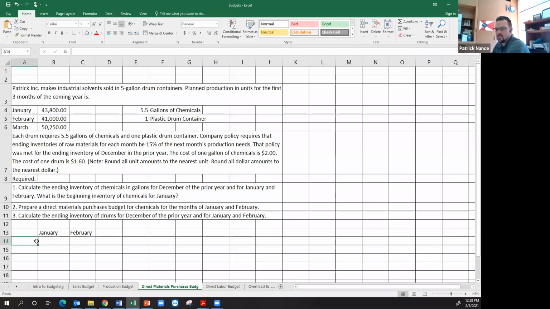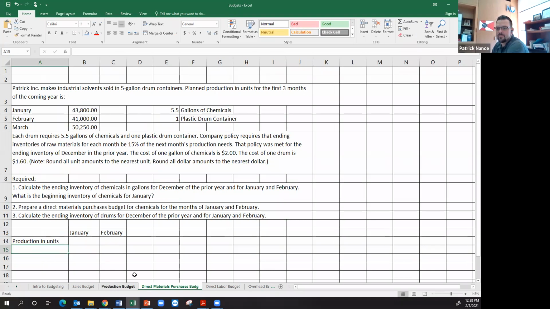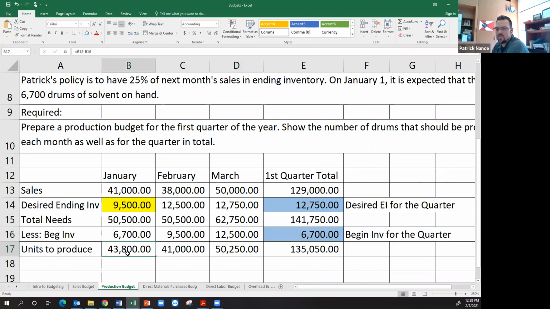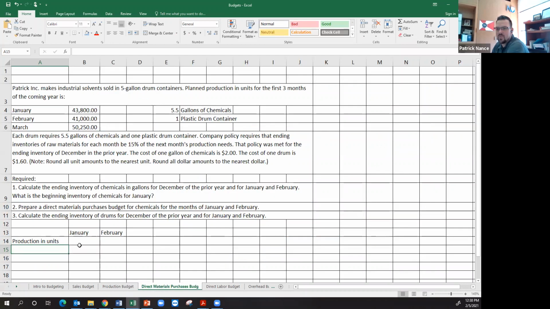Okay, so just like the last one, we need to start with our production in units. I can go back to my production budget and see that my production needs to be 43.8. They did give it to us in this problem, but this is a continuing problem. We found that number in the prior production budget. January's production is 43,800.